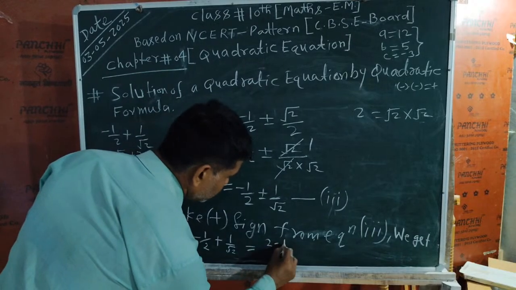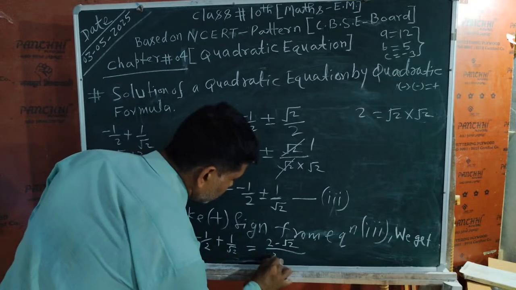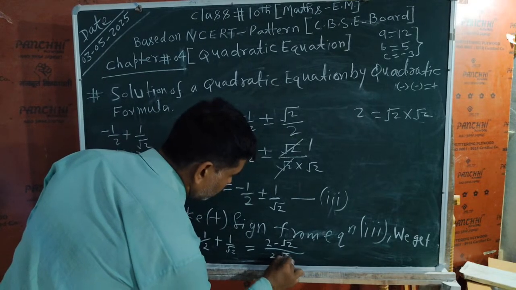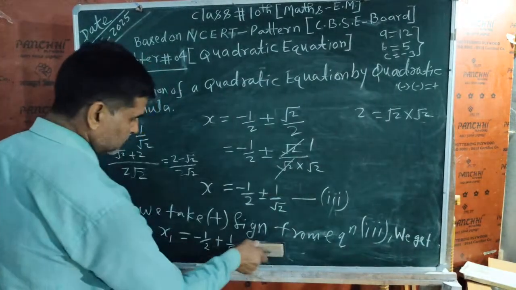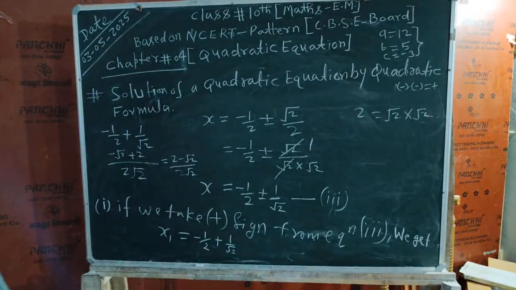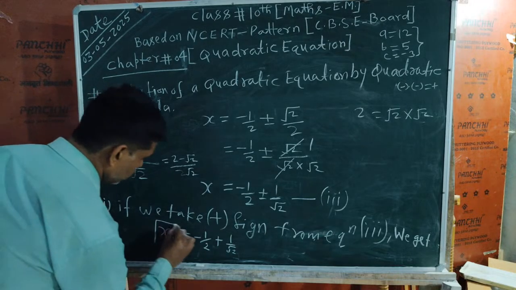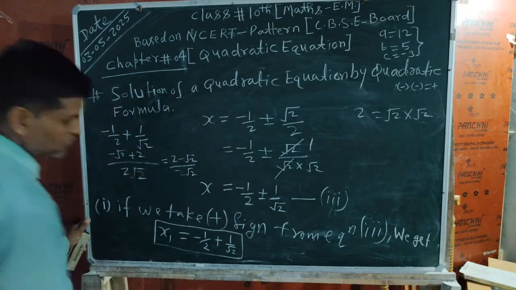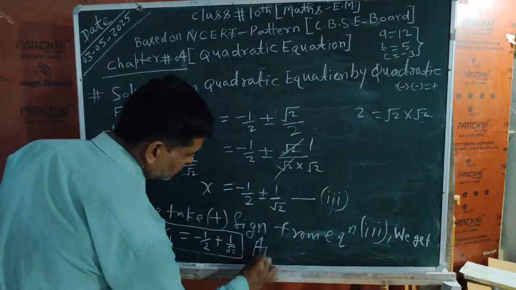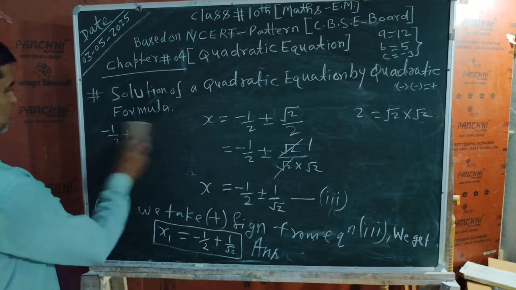I am going to write it in this part. Okay. There is no need to simplify. So this is one root. So I will say this is one answer. Now second answer we have to calculate.